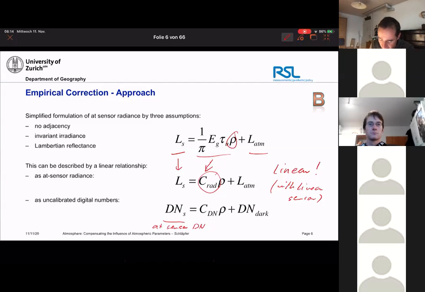The same applies to the additive dark current, DN dark, which includes now, if you apply it in that way, the atmospheric path scattered radiance, but also electron noise from the sensor, all additive components visible in the digital numbers you measure in a sensor. So this empirical approach can be done in a very empirical way with completely uncalibrated data. And you just search for a linear relation there, and don't care if it's coming from the sensor or if it's coming from the atmosphere.